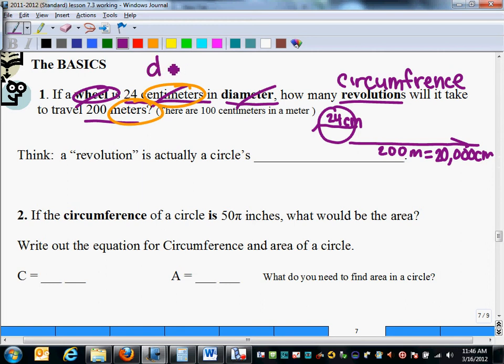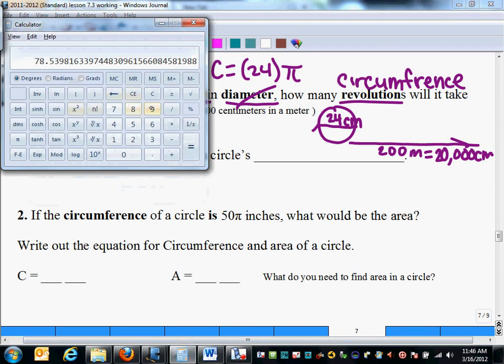So you can pick up the calculator down here. It's right here. So you take 24 times pi. 24 times the pi key. Where the heck is the pi key?